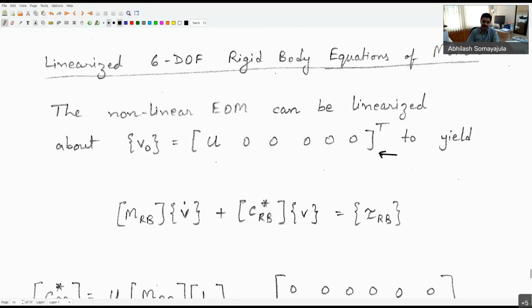In this case, if I want to linearize my equations of motion about that operating point, it can be shown easily enough that this CRB matrix, which is dependent on V, will now convert into a so-called constant matrix, which I'll represent as CRB star.